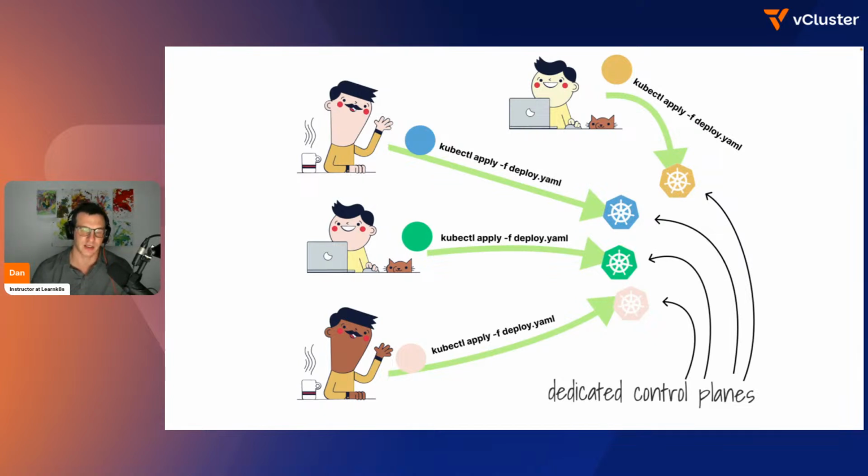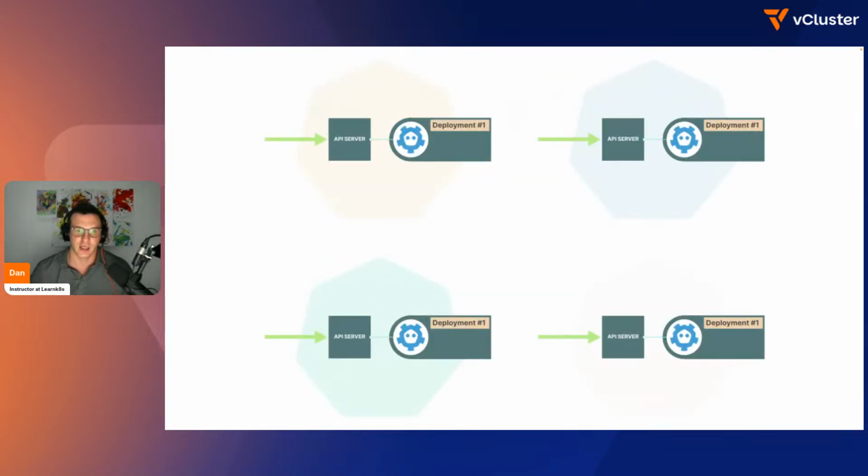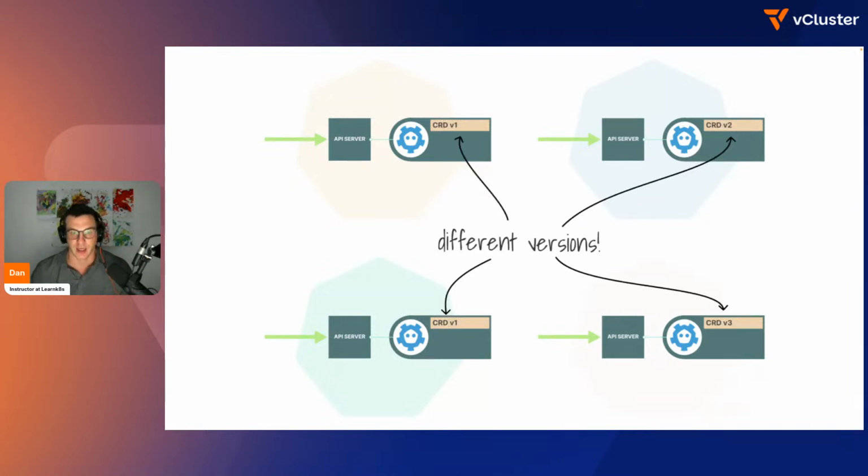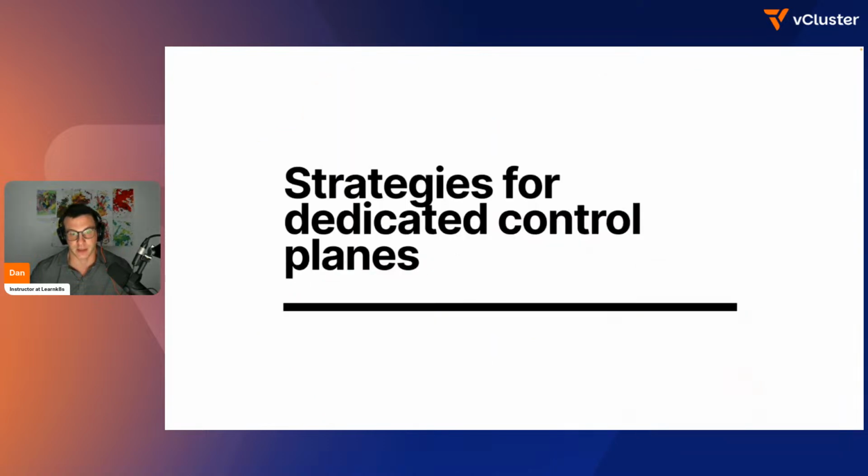So instead of having a single control plane, we have a dedicated control plane for each user in the cluster, for each team. Each one gets their own API server, so we get all the benefit from isolating the API server. And then each team gets a dedicated database as well, a dedicated etcd. The beauty of this is that each one of them could have different versions of CRDs, for example, and this will still work because the databases are isolated.